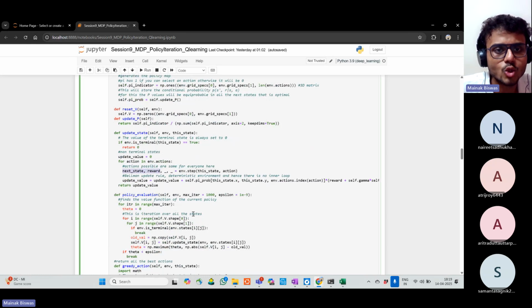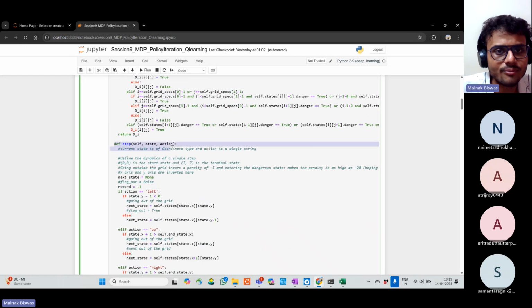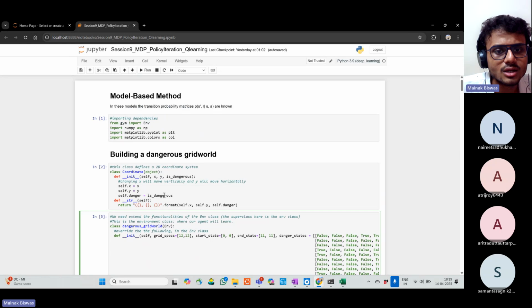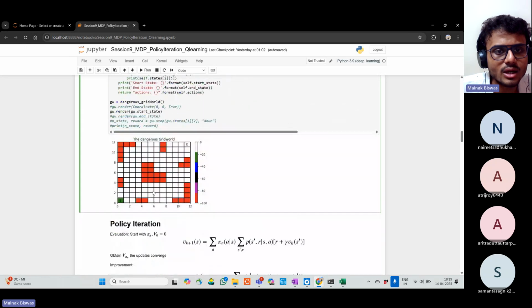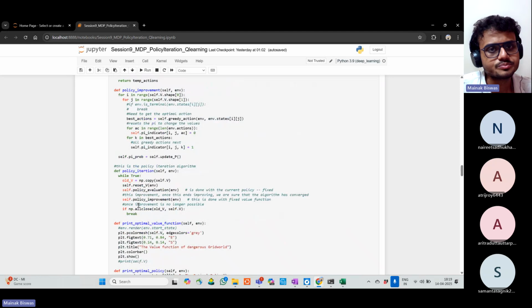That's what I had shown in the previous code, that this step function takes in a state and an action, and if you go up, it will send you to the next state. So say you are in this current state and you go up, it will return this state and the reward, which is -1. We have said that the reward is -1 at every point.